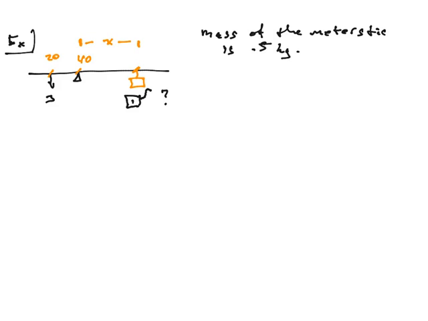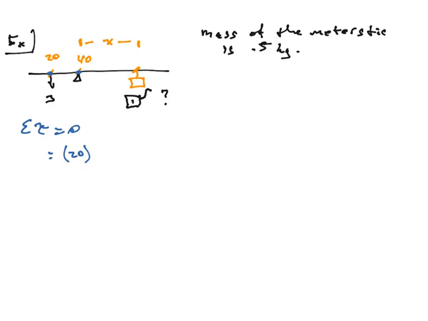All right, so let's start calculating. Sum of the torques is equal to 0 if this is balanced. What are all of our torques? Well, of course, we've got the 3 kilogram guy. So his distance is from 20 to 40. So it's a total of 20 centimeters.